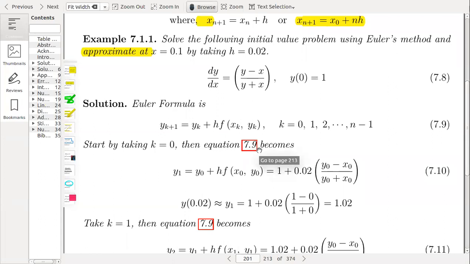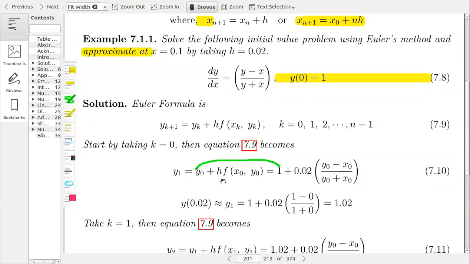Then equation 7.9 becomes, replacing this k with 0, y1 equal to y naught plus h f of x naught, y naught. What is the value of y naught? The value of y at x equal to 0 is 1, so y naught can be replaced with 1.